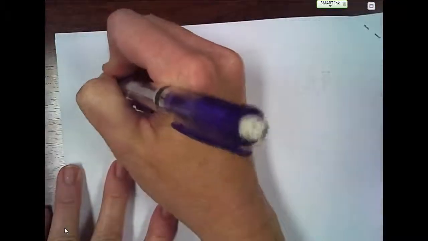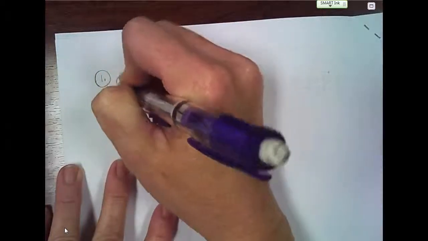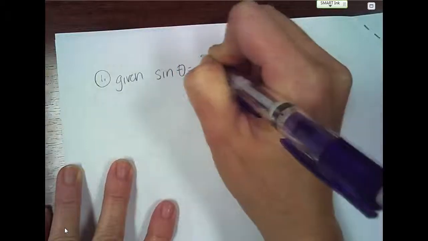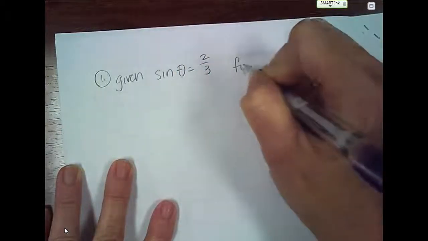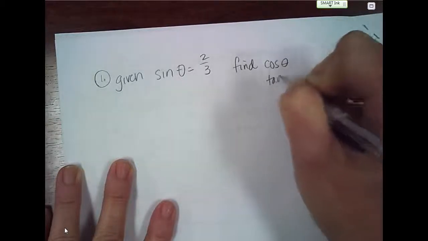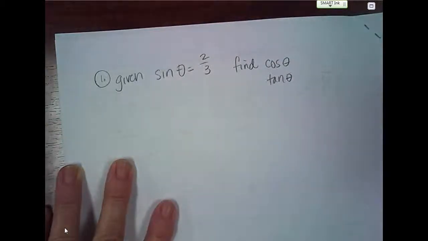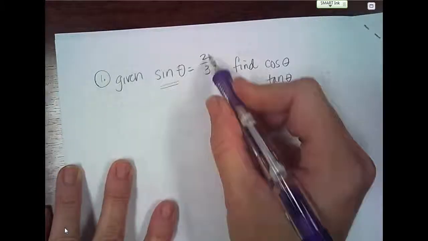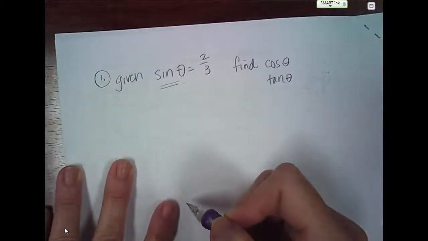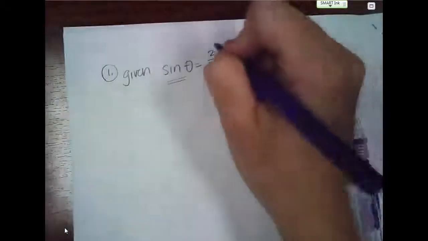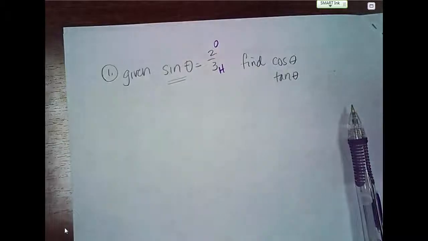Okay, in class on the back we added a problem, right? And I said that if you're given that sine of theta is 2/3, you're going to have to find, for example, cosine and tangent. If I'm telling you sine is 2/3, remember sine is opposite, so we're going to label this as opposite over hypotenuse.